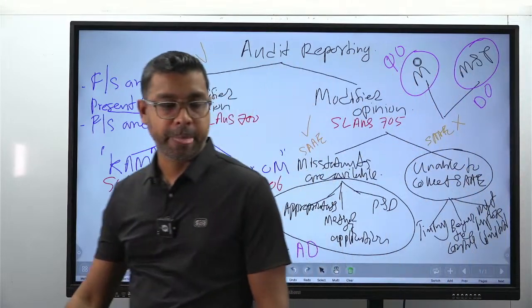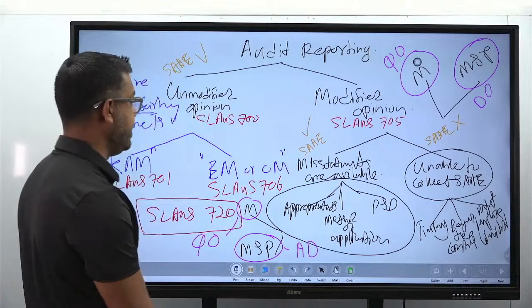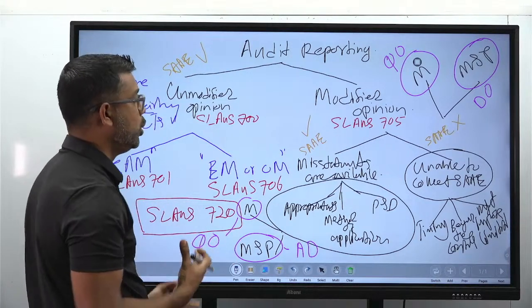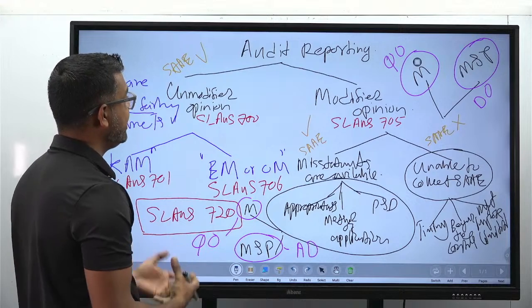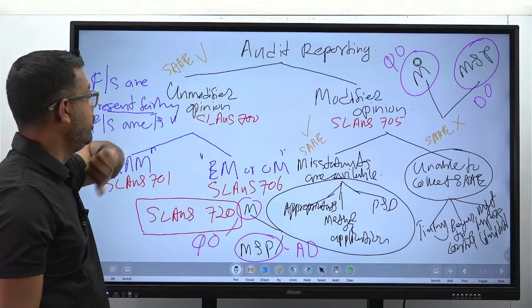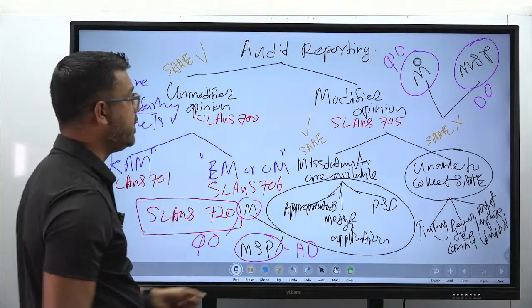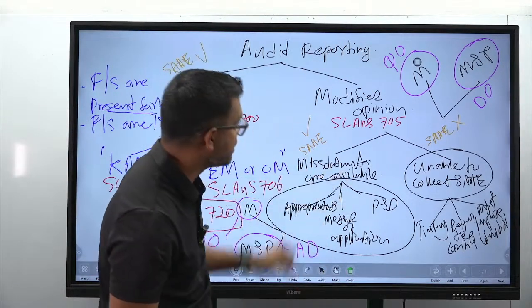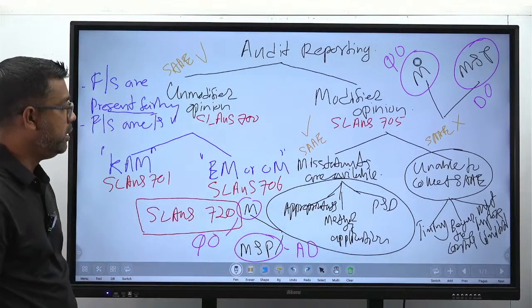Disclaimer opinion. So why did I summarize this into one page? To make sure we are familiar with these keywords. What are the keywords that we have covered here? Modified opinion, unmodified opinion, key audit matters, emphasis of matter, qualified opinion, misstatements, disclaimer opinion, and adverse opinion, right?